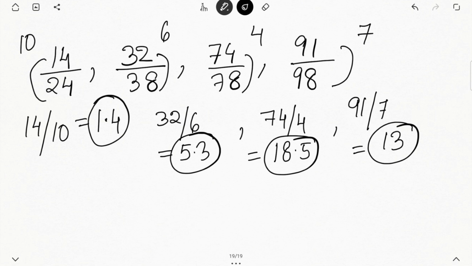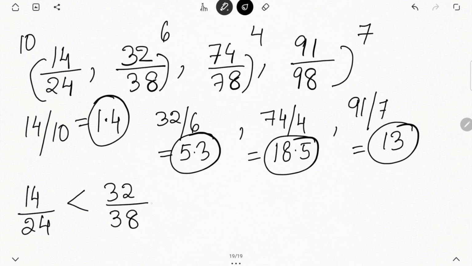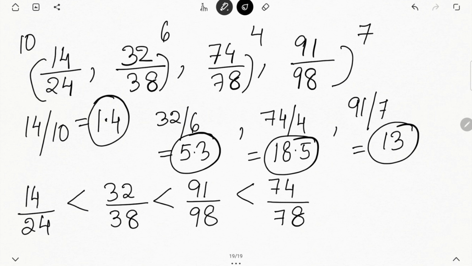So in this case, as 1.4 is smallest, the smallest fraction will be 14 by 24. The next value is 5.3, so the next fraction will be 32 by 38. Next I have 91 by 98, and finally I get 74 by 78, which is the biggest fraction.